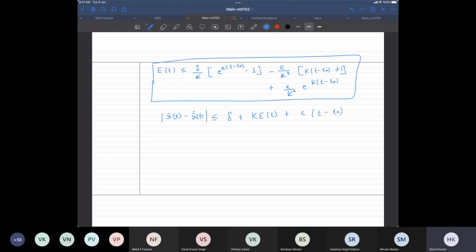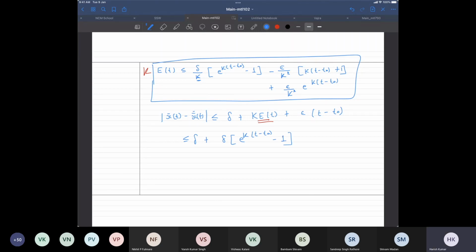Okay, so this is less than or equal to delta, and now we are going to multiply this with k, so that we can get this term properly. So delta plus, now you multiply k, so this will go away, so we get delta times exponential of k(t minus t naught) minus 1.